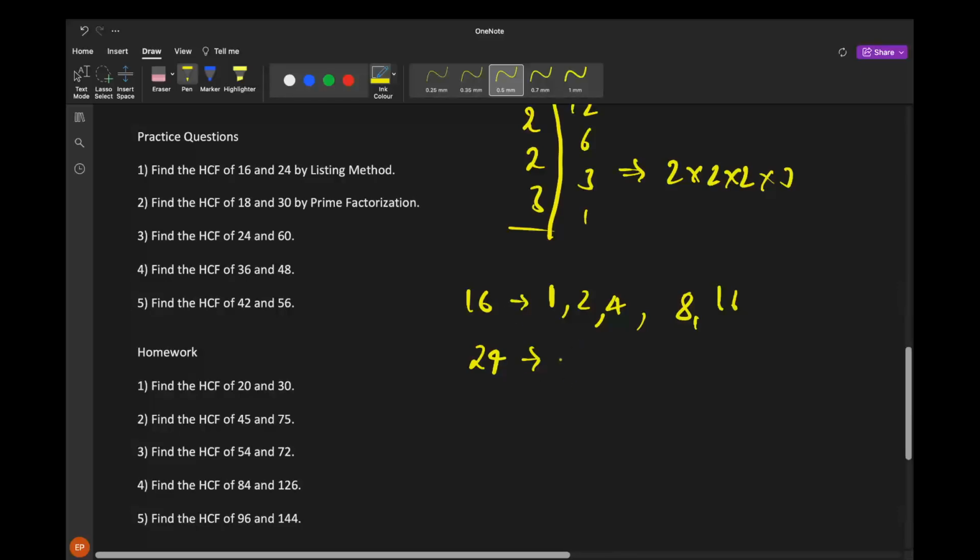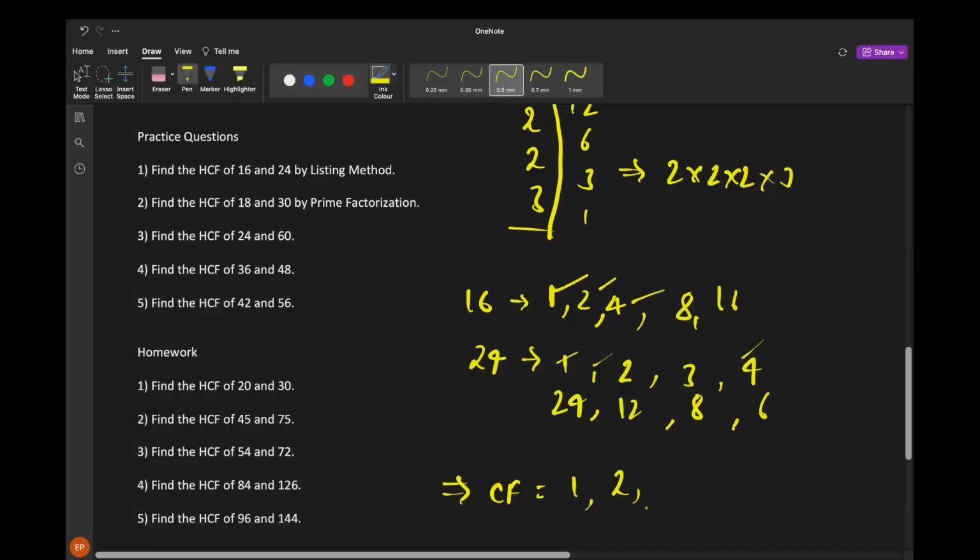What about 24? 1 24, 2 12, 3 8, then 4 6, 5 no, 6, and we wrote in reverse order. So these are the factors. What are the common factors? Common factors are 1, 2, 4, right, 4 is also there.